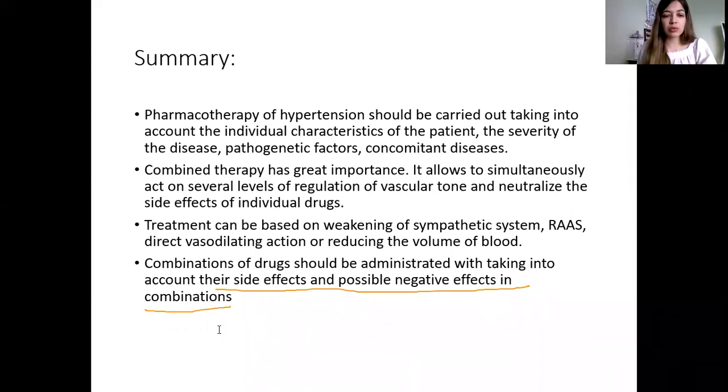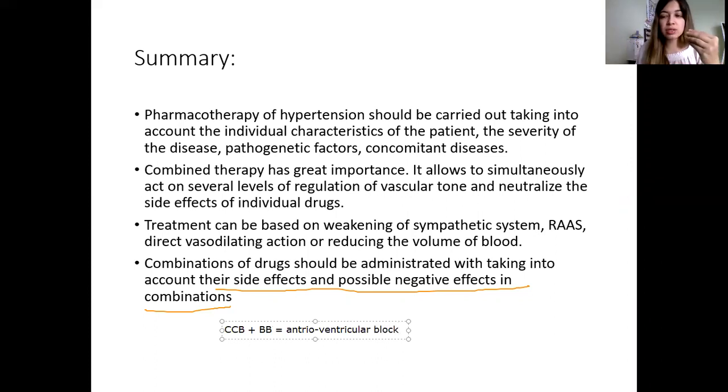You should take into consideration this. For example, there is one very important bad combination, which is a calcium channel blocker together with a beta blocker, which can lead to cardiac block, atrioventricular block. Why?